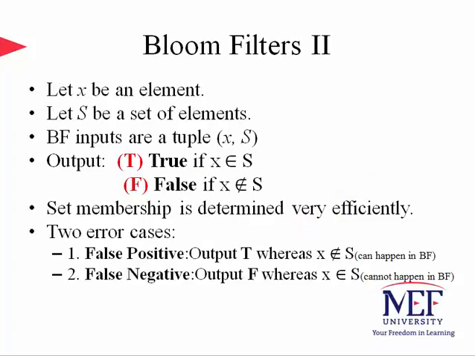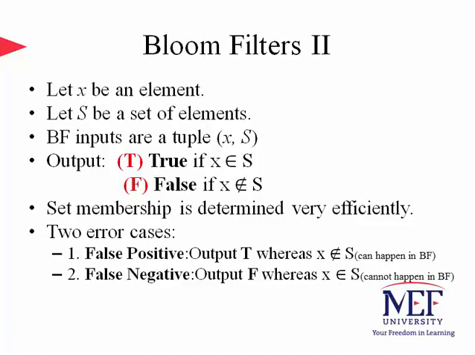Here is a more formal definition of Bloom filters. Let x be an element and S be a set of elements. The algorithm's objective is to determine whether x is an element of S, given x and S as inputs. The output is either true or false if x is in S or not, respectively. The beauty of a Bloom filter is that it determines set membership very, very efficiently, of course at the expense of some errors.